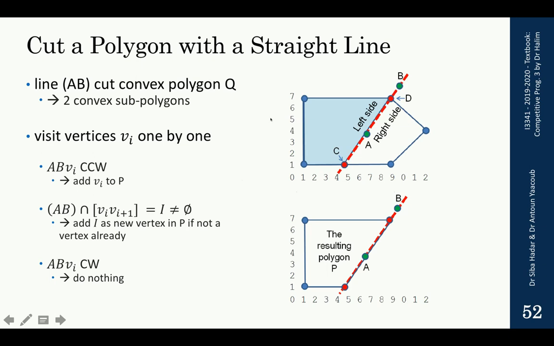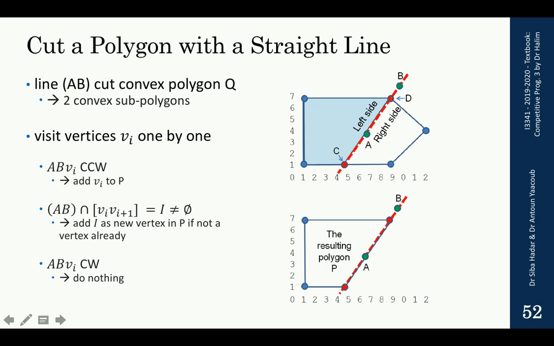Okay, we are given this. How do we proceed? We will proceed by these three cases. So we take the polygon Q, that is input, and we visit the vertices Vi one by one. Okay, first point, second point, third point, until I go back to the first point again, and this is how I know that I visited all the vertices. And I take each of the vertices that I call Vi, and I see if A, B, and Vi are counterclockwise.